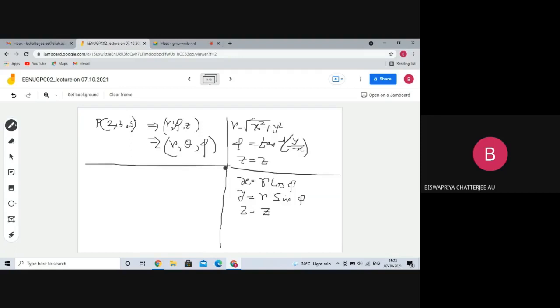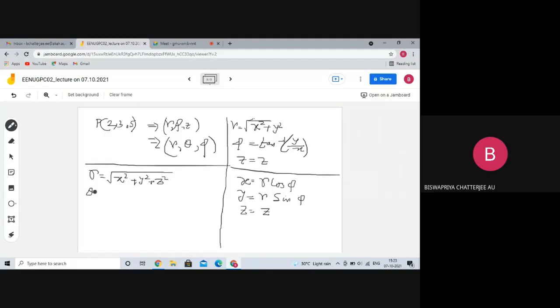And for the spherical system, r is equal to root under x square plus y square plus z square.